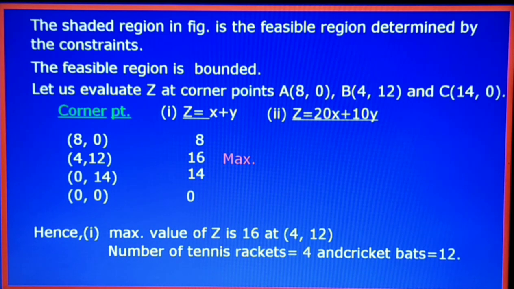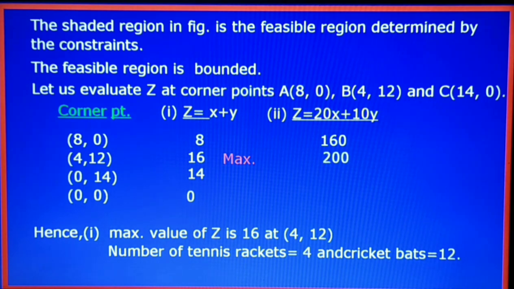Second equation is z is equal to 20x plus 10y. When x is equal to 8, y is equal to 0, z is equal to 160. When x is equal to 4, y is equal to 12, z is equal to 200.